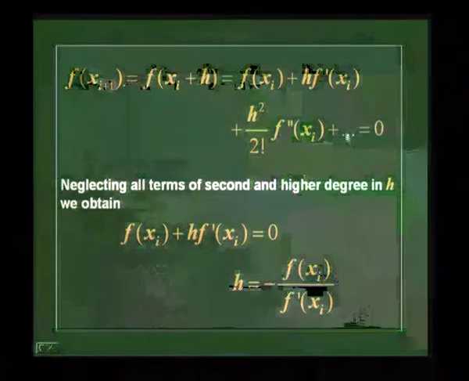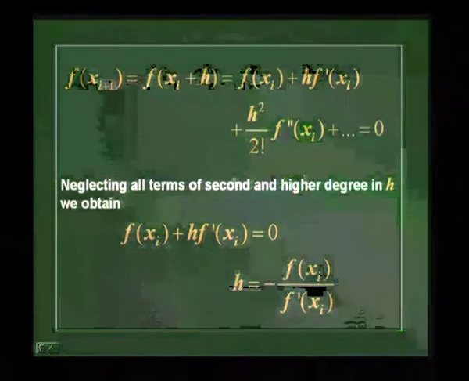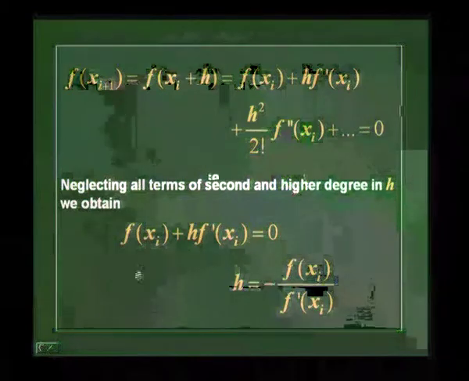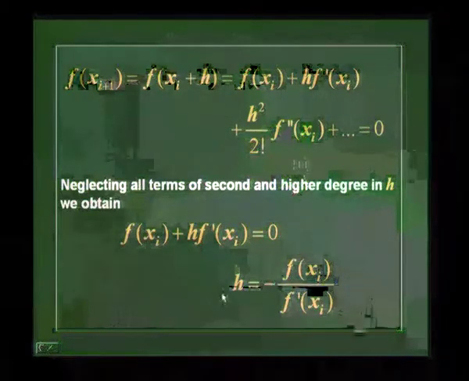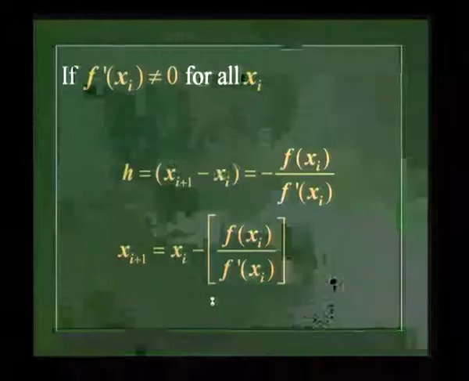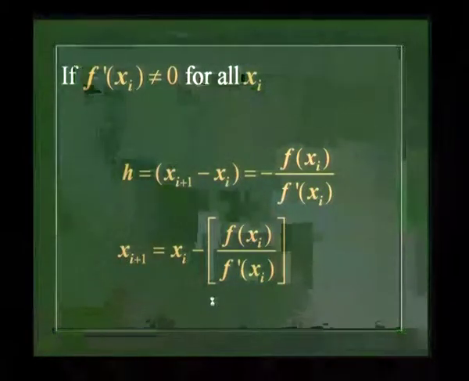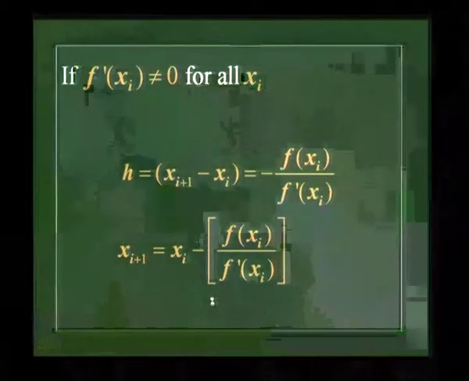So my error in this case would be of this order, and then I solve for this. That's what I am doing. There are cases again in which this will not work, and we will see that implemented. Before we look at the disadvantages of the Newton-Raphson method, we will just see one case where it is implemented.